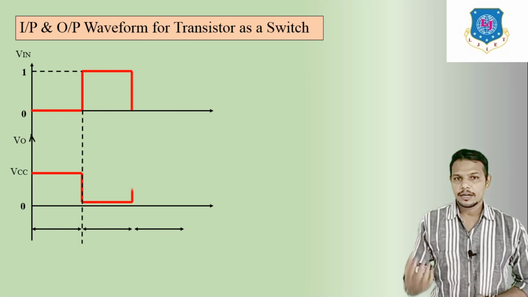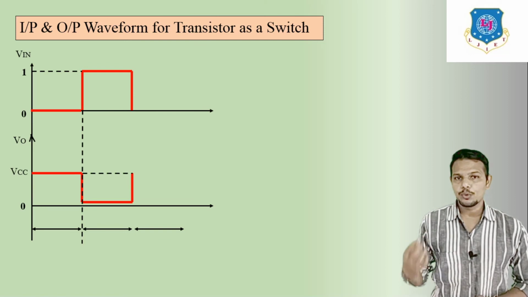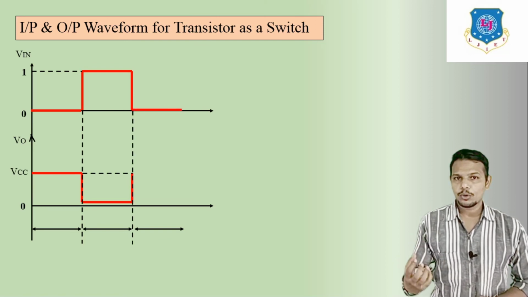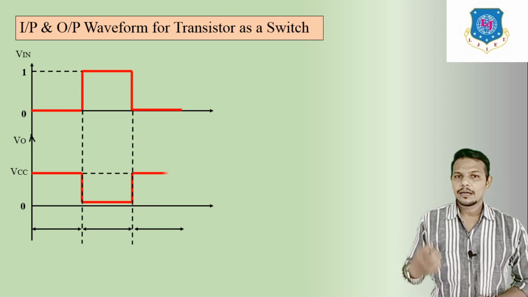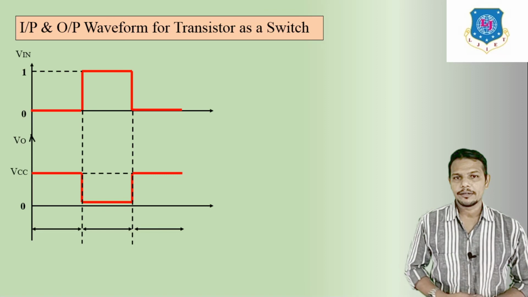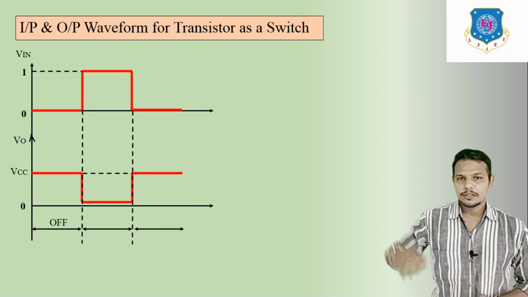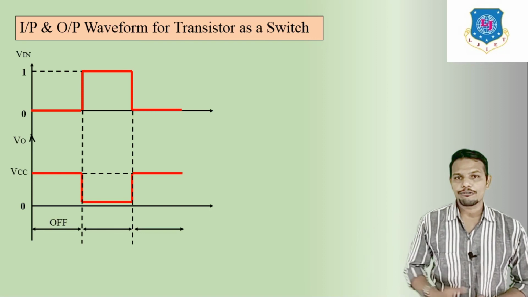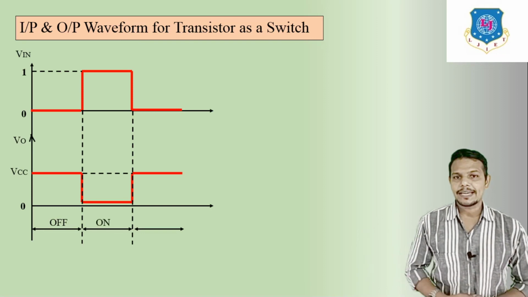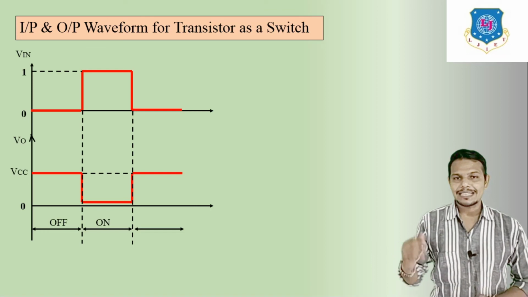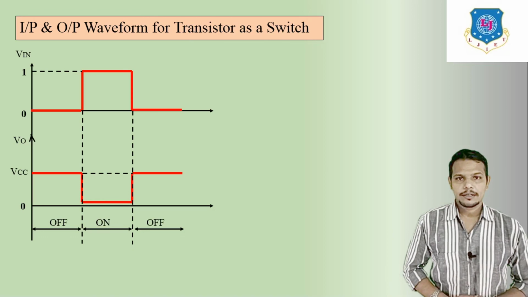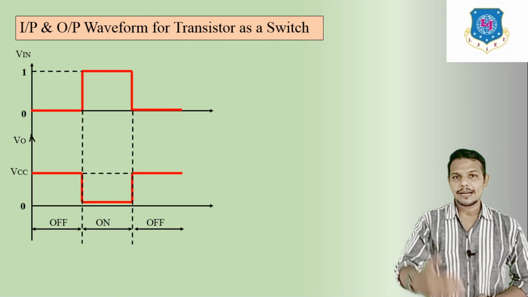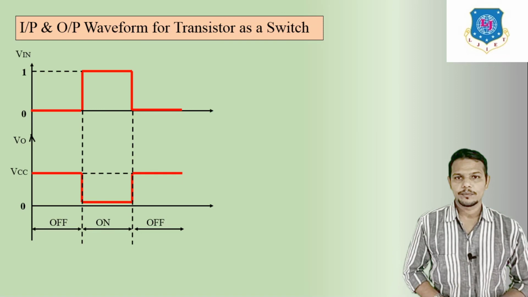Then again, if you enter 0 as the input value, at this time you will get the output equal to 1. The first case shows that the transistor is in the off situation, the second case indicates the transistor is in the on condition, and similarly case number 3 repeats cases number 1 and 2.